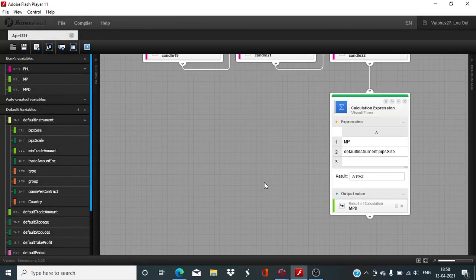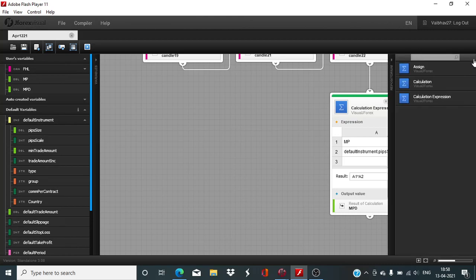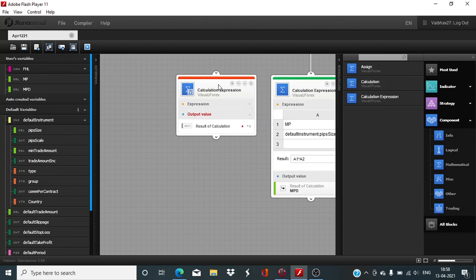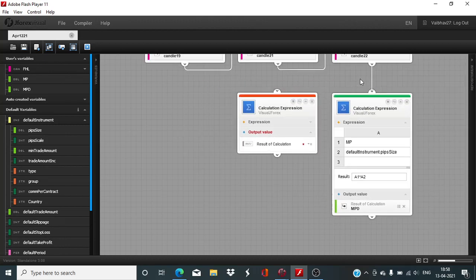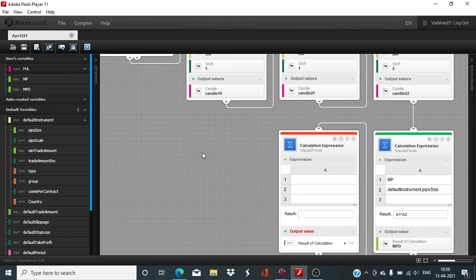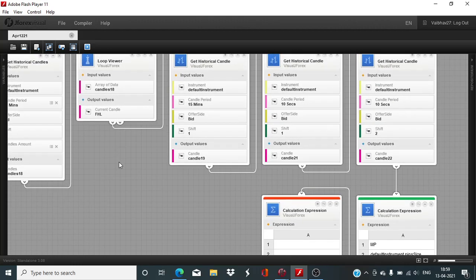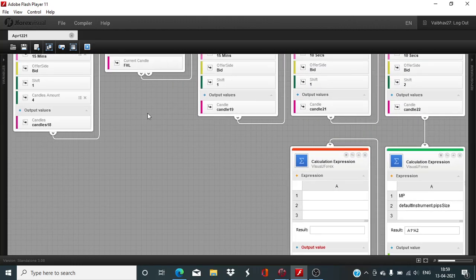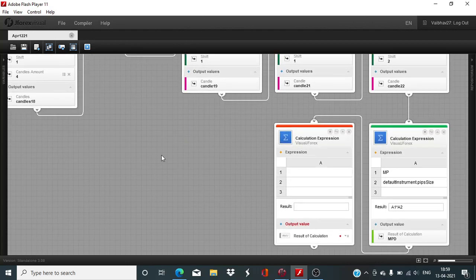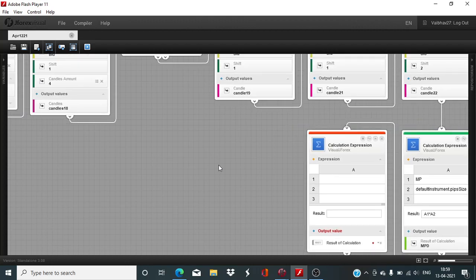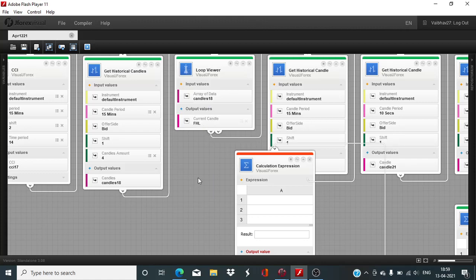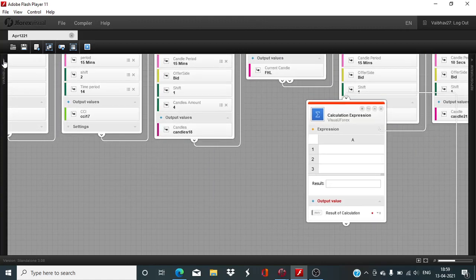All right, now we will be looking at the actual pip difference between the minimum and the maximum. And for that you will have to take FHL's high and the lowest value.